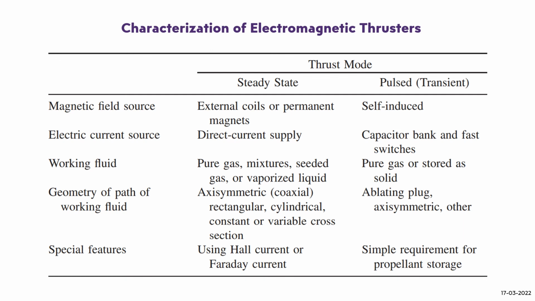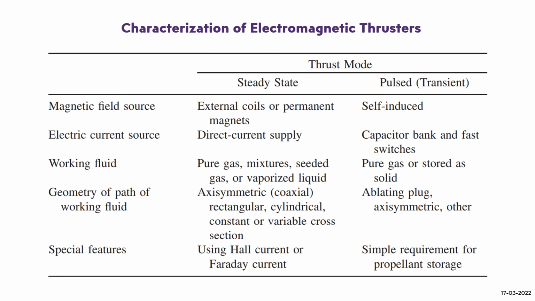The working fluid for steady state is a pure gas mixture, seed gas or a vaporized liquid, and for pulsed it is a pure gas or a stored gas solid. The geometry of the path of the working fluid for steady state is axisymmetric, coaxial, rectangular, cylindrical, constant or variable cross-section, but for pulsed it is axisymmetric, ablating plug and others.